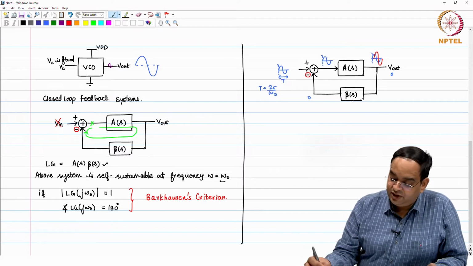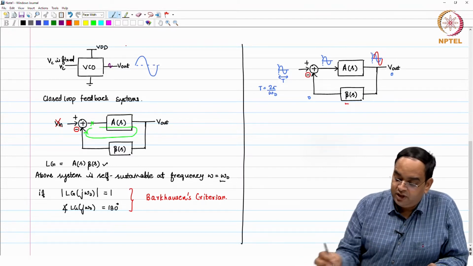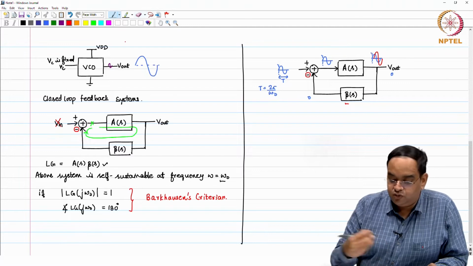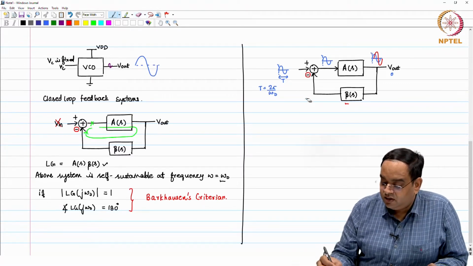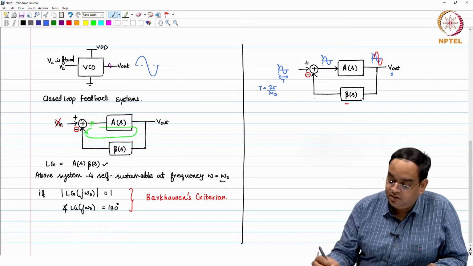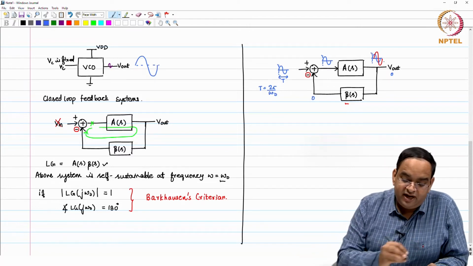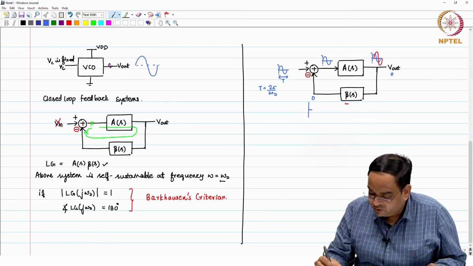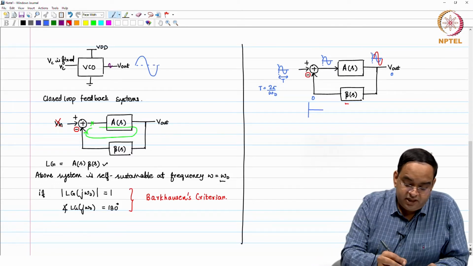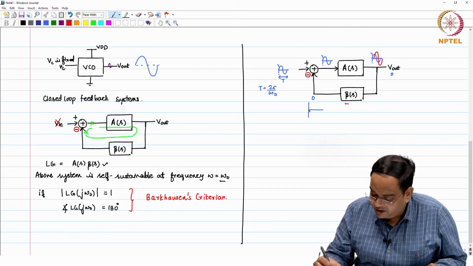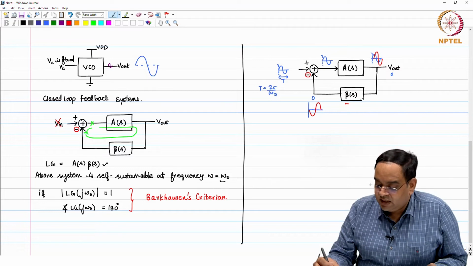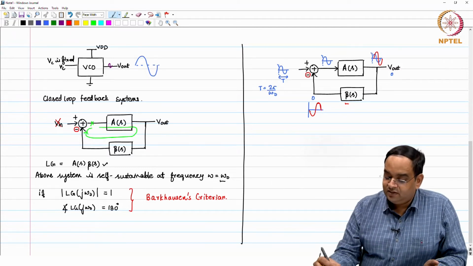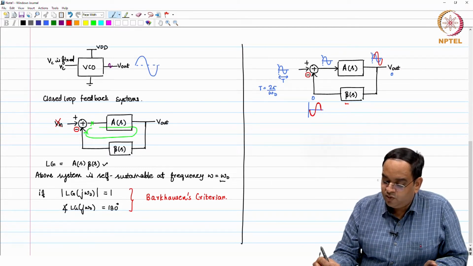Then what happens? You have beta of s also, and beta of s is going to do a similar thing. It will amplify and add phase shift to it. So, the waveform here is shifted in phase and amplified. I deliberately do it like this.